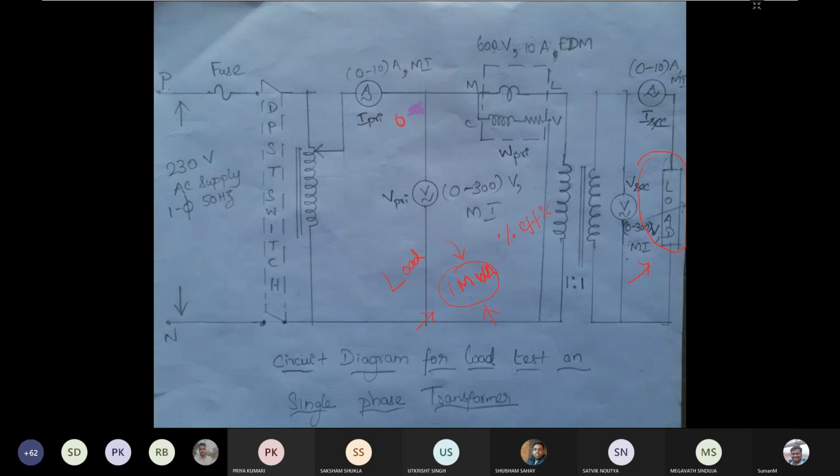Whereas in open circuit test and short circuit test, you don't need to have 1 MVA capacity of the source.